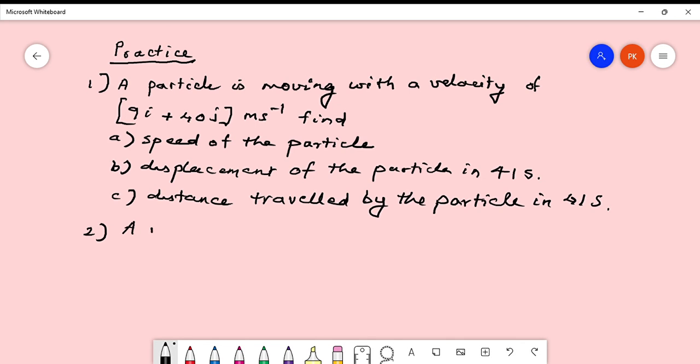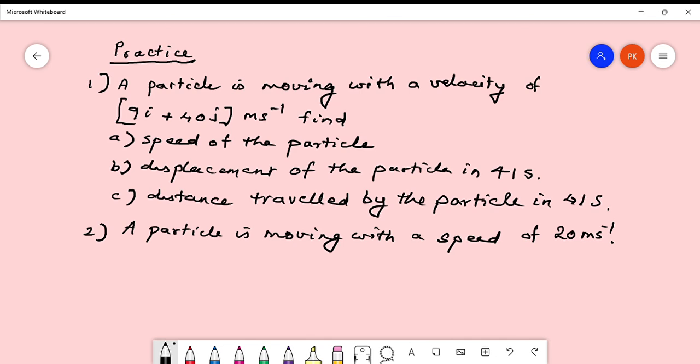The second problem, a particle is moving with a speed of 20 meters per second in the direction of 8i plus 6j.